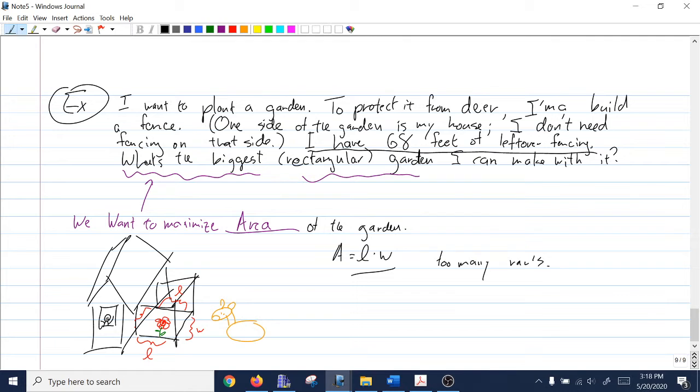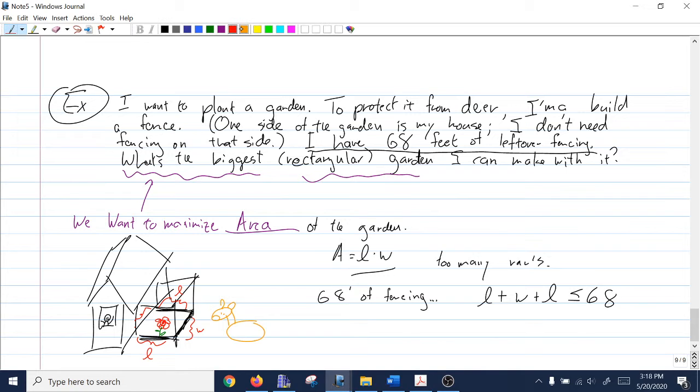So the fact that we need to use at most 68 feet of fencing tells us something about length and width. This needs to be fenced, and this needs to be fenced, and this needs to be fenced. So the length plus the width plus the length again needs to be at most 68.